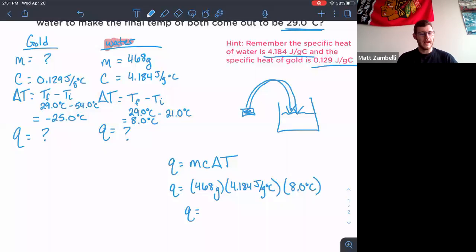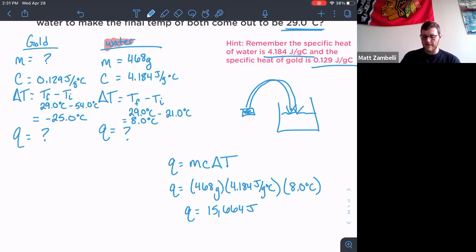And what Q value do we get? Awesome. 15,664 joules. And we're not going to worry about sig figs yet because we're not done.